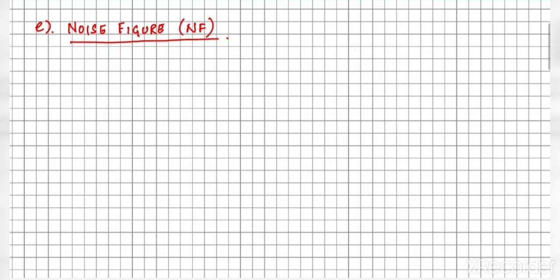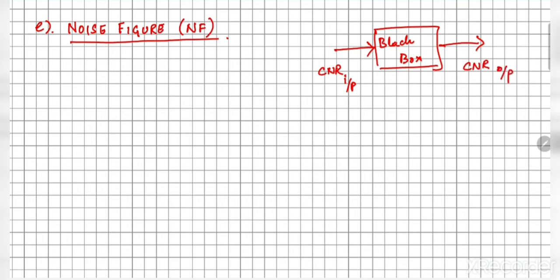So if we imagine that there is some signal which is fed to some black box, and if we evaluate the CNR, the carrier to noise ratio at input, and the CNR at the output, and take the ratio of these two quantities, that is NF is equal to CNR at input divided by CNR at the output.